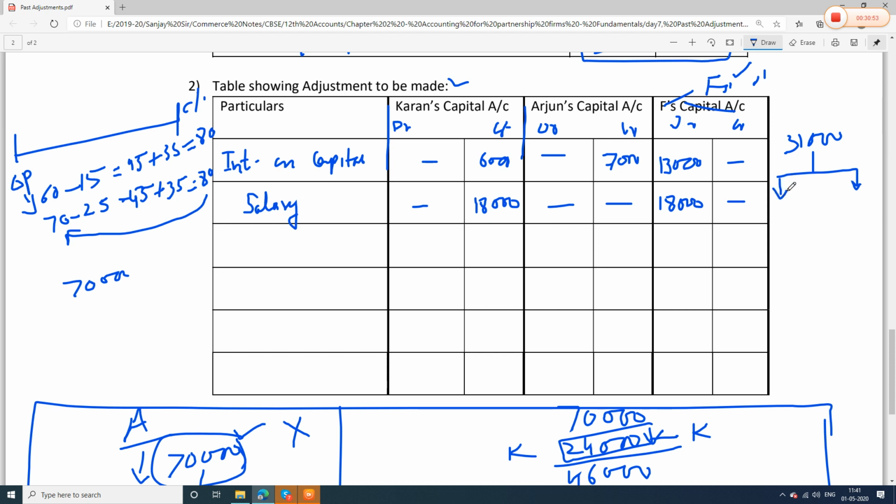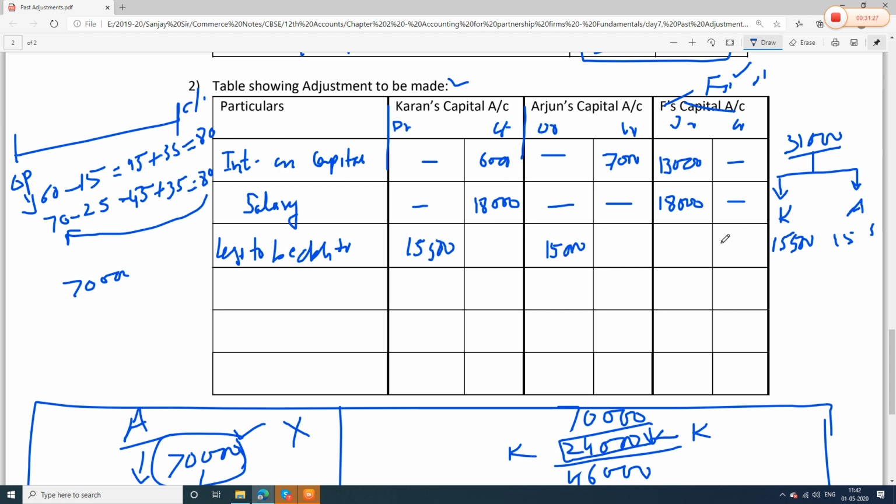31,000 rupees. In which ratio? They are equal partners. So out of this 31,000 rupees, to Karan and to Arjun, how much will go? Half will be 15,500 and 15,500. So we will take it towards their debit side. So that will be loss to be debited, 15,500 and 15,500 to the debit side.